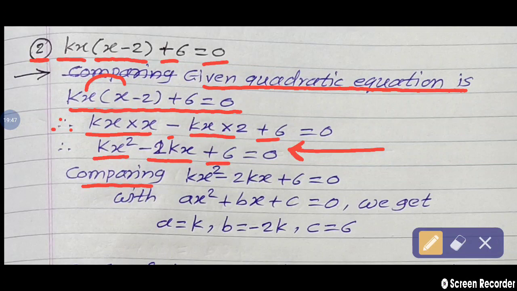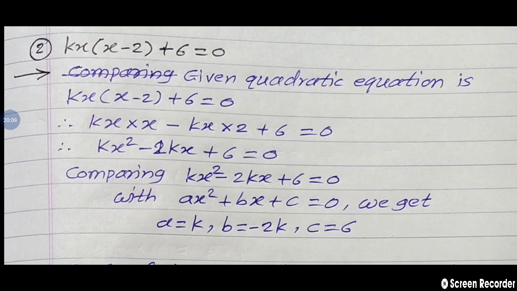Comparing the given standard form of the quadratic equation, that is kx square minus 2kx plus 6 equal to 0, with the standard form of quadratic equation ax square plus bx plus c is equal to 0, we get. First of all, after comparing, write the values of a, b and c.